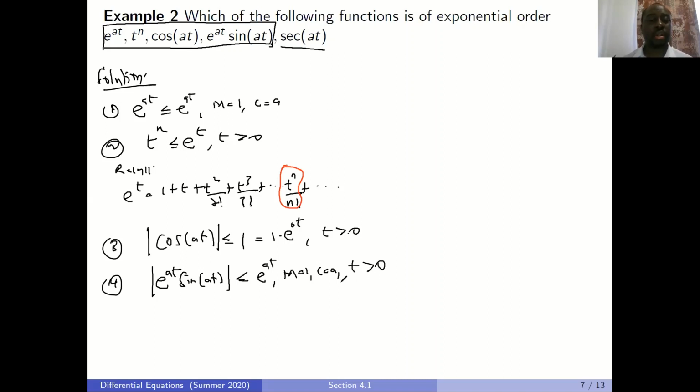It's true more generally, right? This is true for any real number t, but remember that we are only focused on, at least for exponential order, the independent variable approaching infinity. So it's okay that t just be positive here.